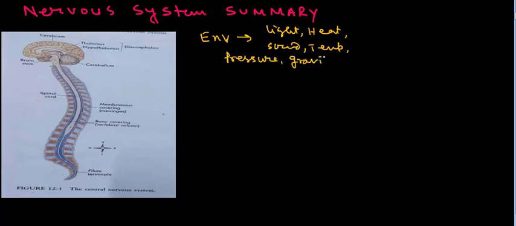So different types of stimuli are present in our environment, and any change in stimulation can be detected by our nervous system. The nervous system detects any change in the environment, then processes this information, and according to the command of the nervous system we respond according to this information. So this is the basic function of the nervous system.